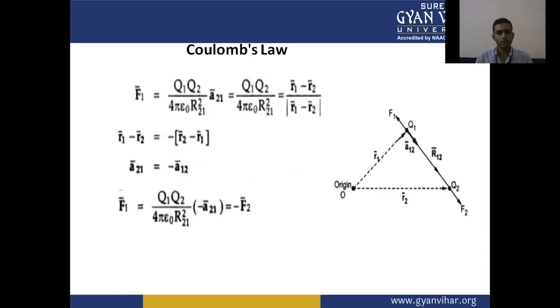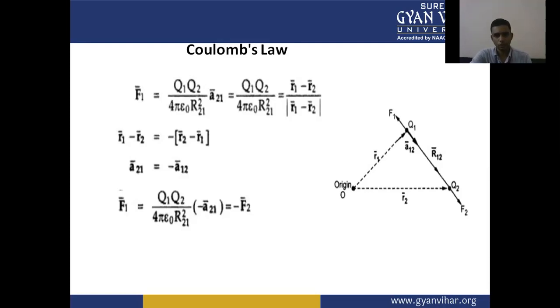Now Coulomb's law says that F1 is equal to Q1 Q2 upon 4 pi epsilon naught R21 square A21, equal to Q1 Q2 upon 4 pi epsilon naught R21 square, which is R1 minus R2 upon mode of R1 minus R2. From this figure, you are able to understand the concept of R1 and R2.